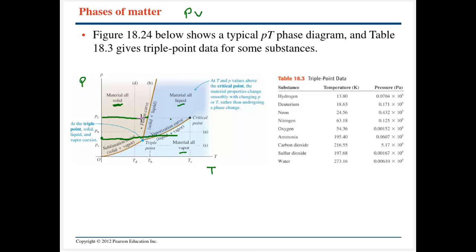It's going to boil actually at a lower temperature, so you need to cook things for longer at altitude. Similarly, if you increase the pressure, it's going to increase the temperature at which the solid becomes a liquid, and it's going to increase the point where the liquid becomes a gas.